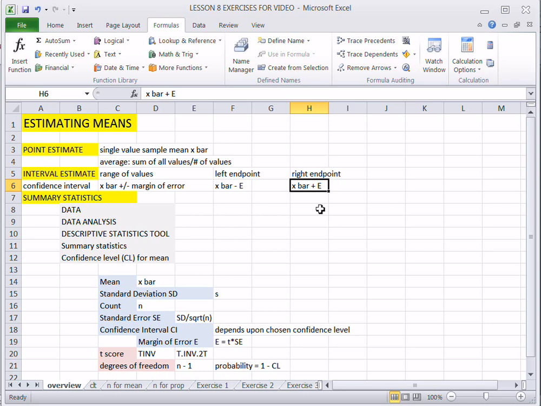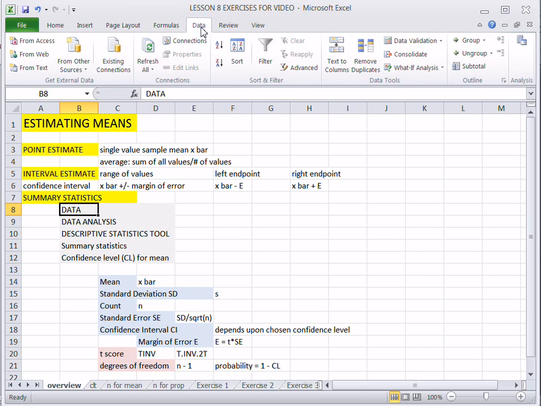So let's talk about the easiest way to get the sample mean x bar and the margin of error e. We're going to use Excel and find summary statistics using Excel. Recall that in Excel, to find the summary statistics, you will go to the Data tab, which is here on the top.